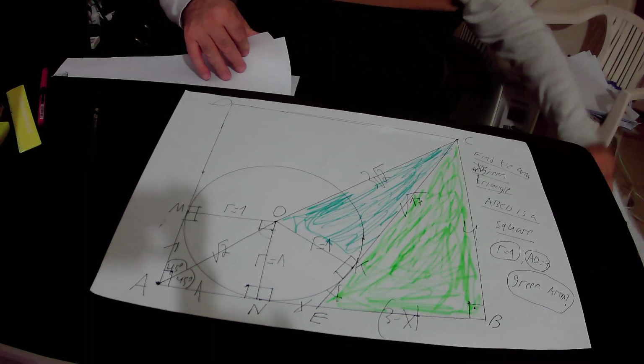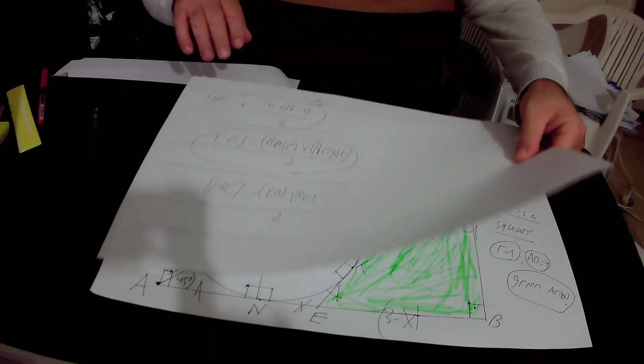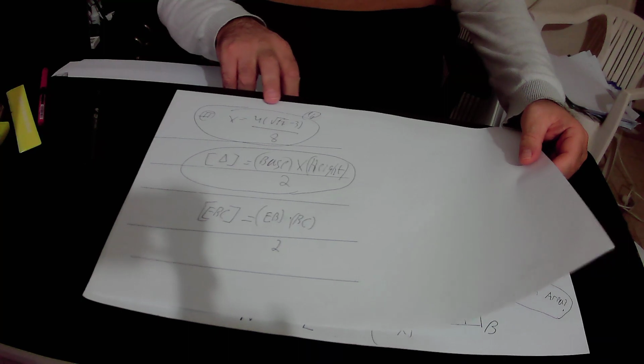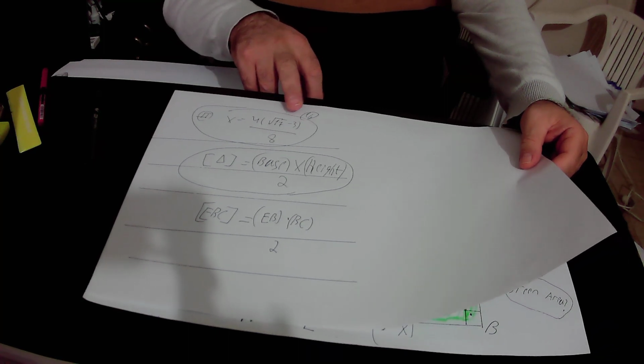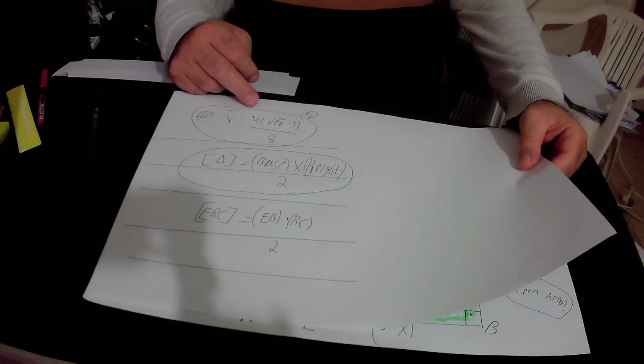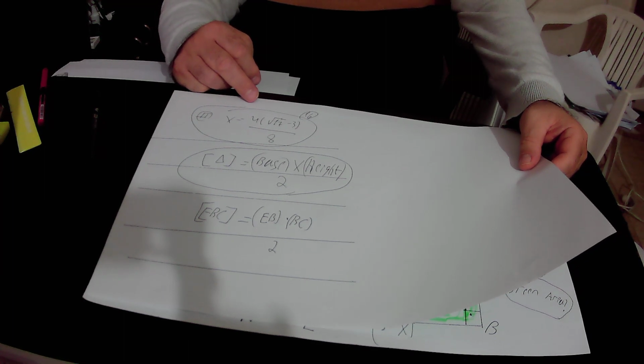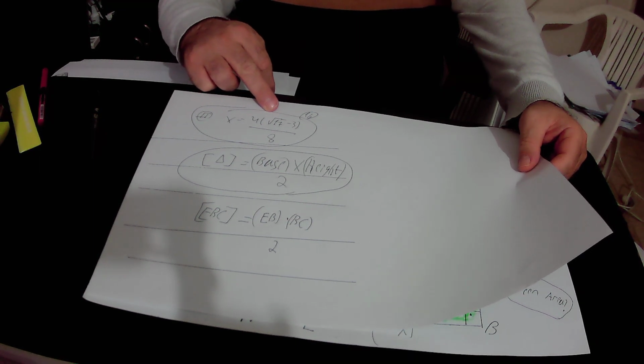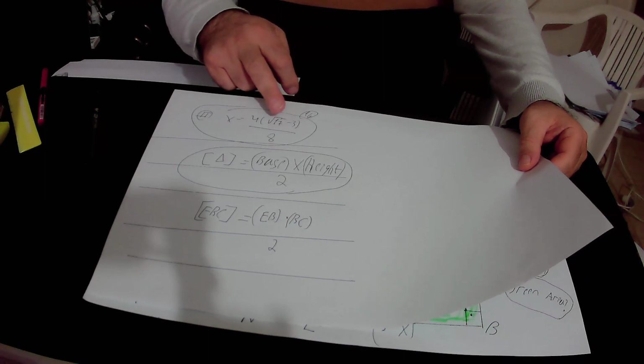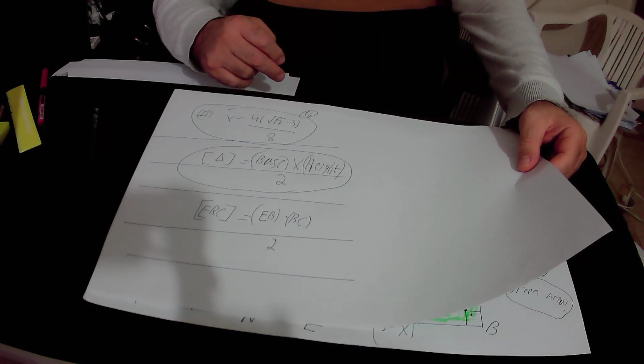So in conclusion, we got that x equals 4 times (square root of 17 minus 3) over 8. Actually, we divided this equality by 4, and what is left from this equation is that x equals (square root of 17 minus 3) over 2, because 8 over 4 is 2.